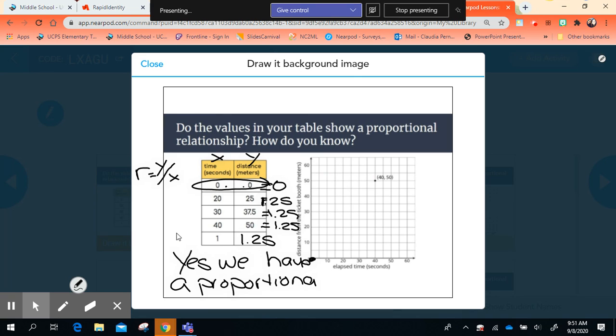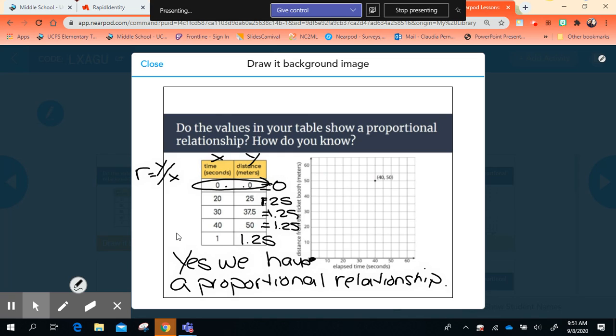How do we know that we have a proportional relationship? We divide y divided by x. And it gave us what? 1.25, all the way down. That's very important. Not only did we divide and it gave us this number, we divided and it gave us this number all the way down, the same number.